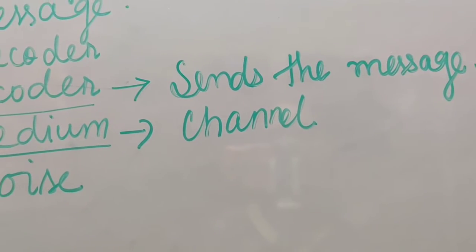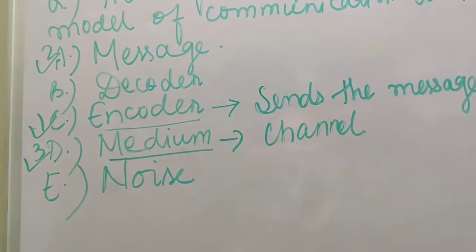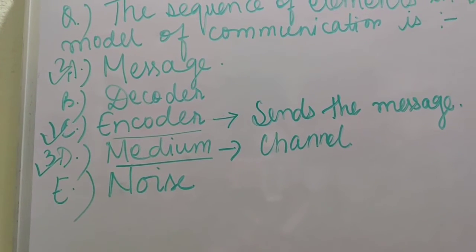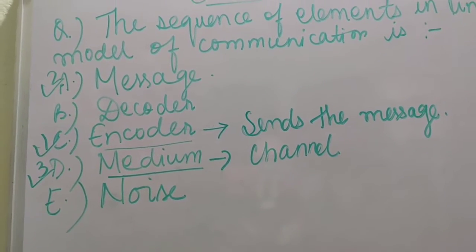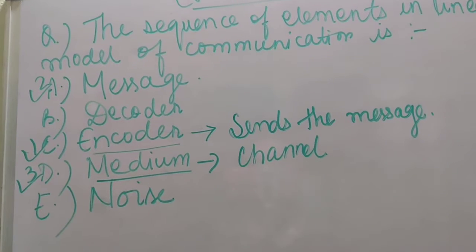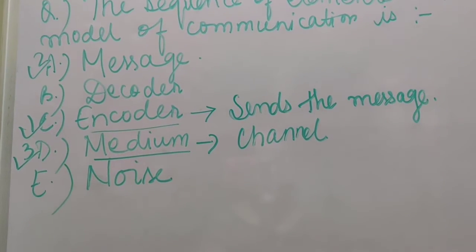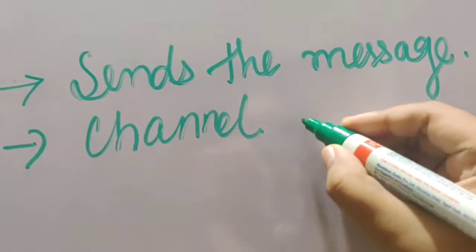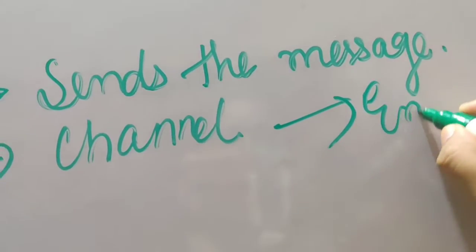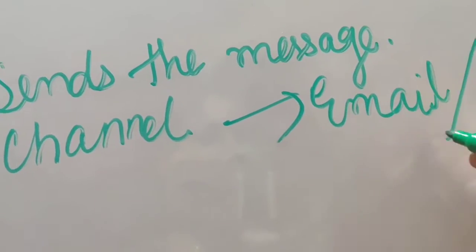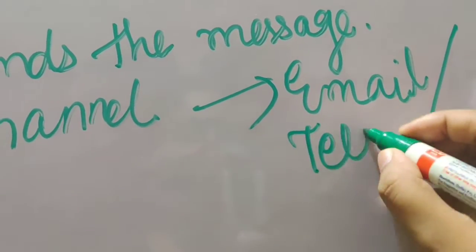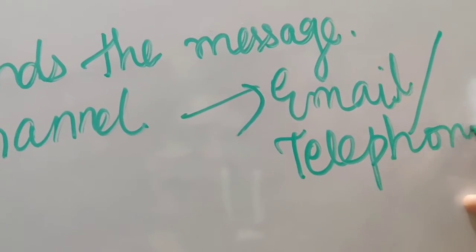Now suppose, for example, I am sending a message to someone through mail, or I am talking to someone through telephone. So telephone, email, these are the channels or the medium of communication.